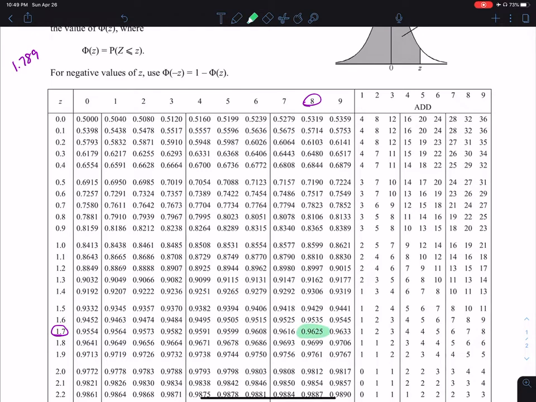Then we need to get the 9 involved, so we add an 8 to that value. Dropping the decimal, 9625 plus that 8 gives a probability of 9633, and then you put the decimal right here. That's our first probability that we're going to carry through.